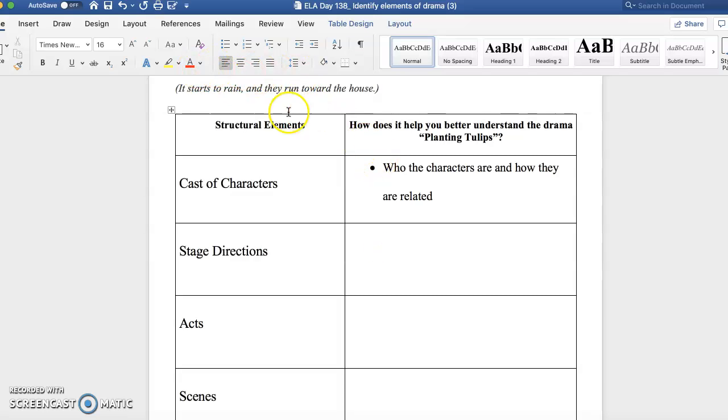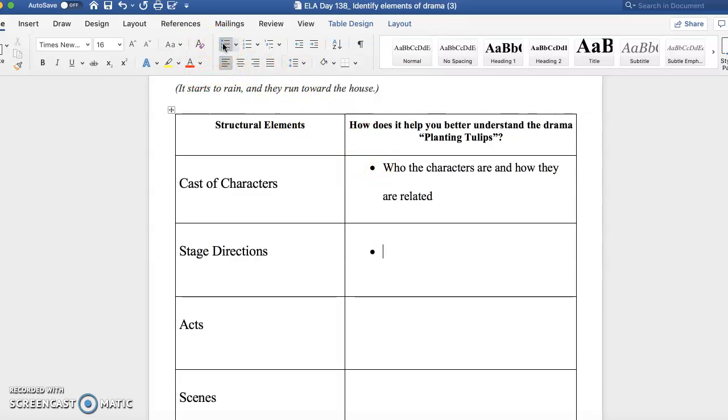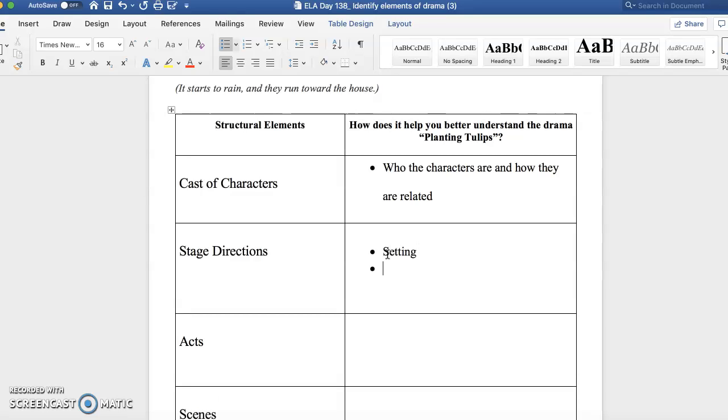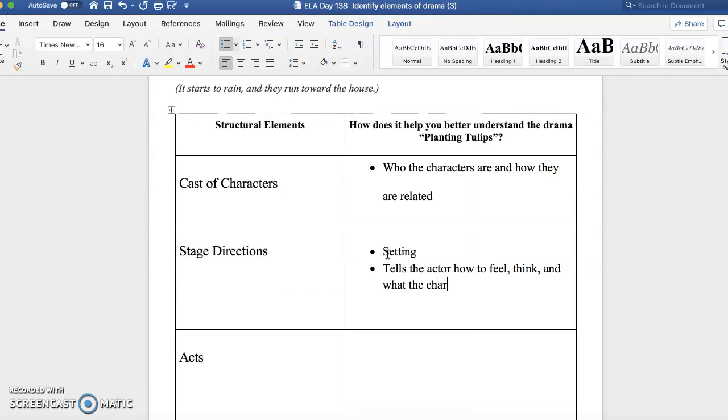Now, let's go to the next one. How do the stage directions help us, right? So we know that stage directions tell us the setting. It also tells the actor how to feel, think, and what the character is doing.